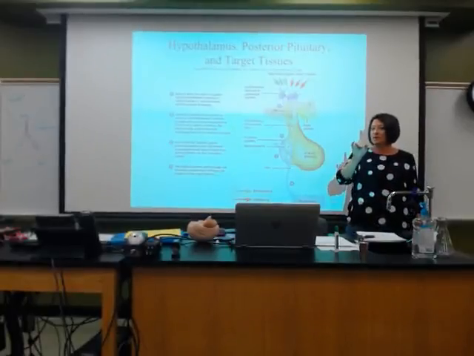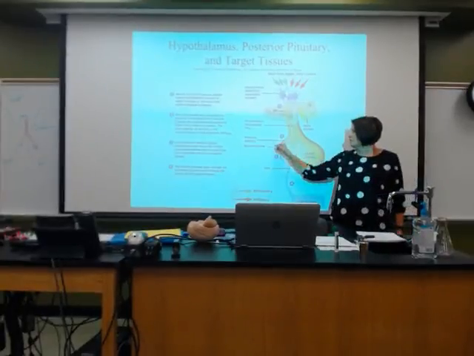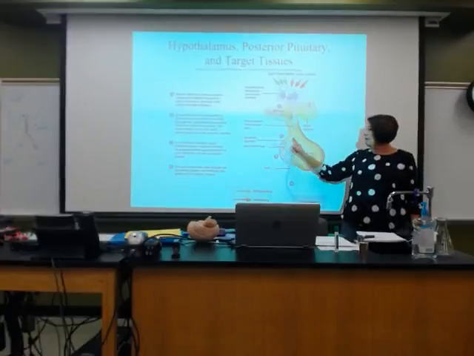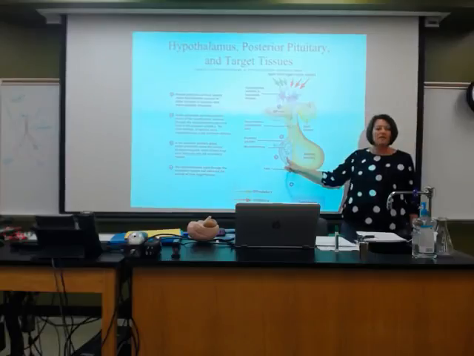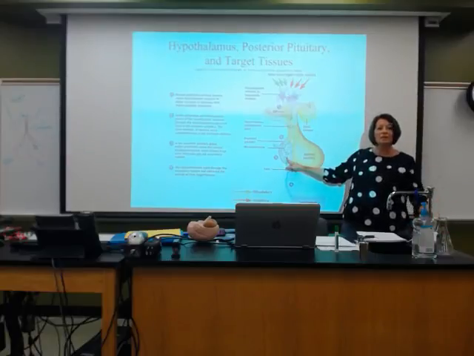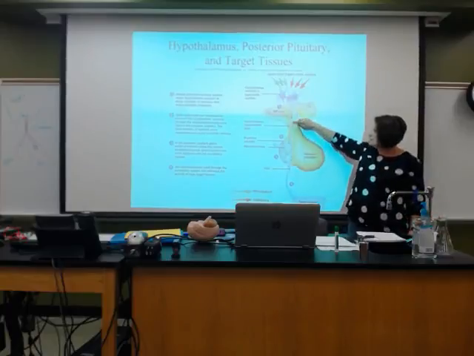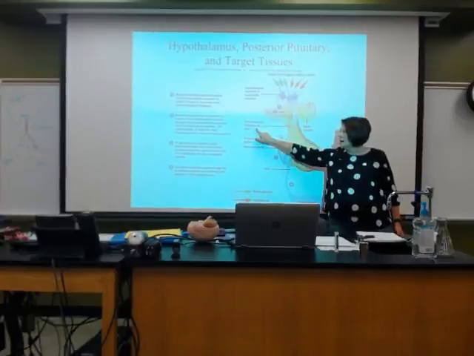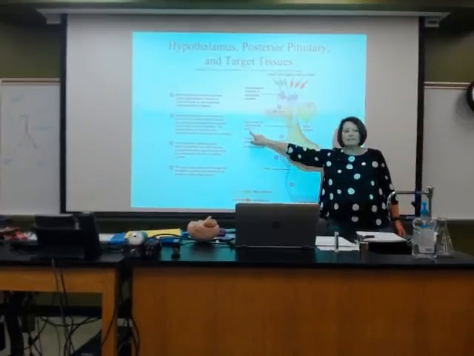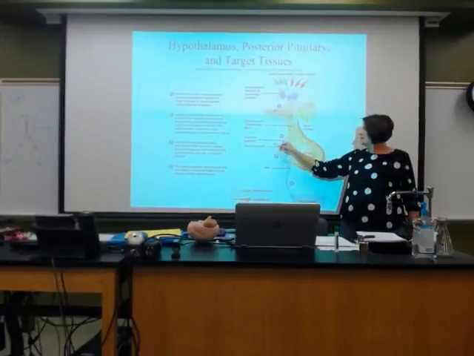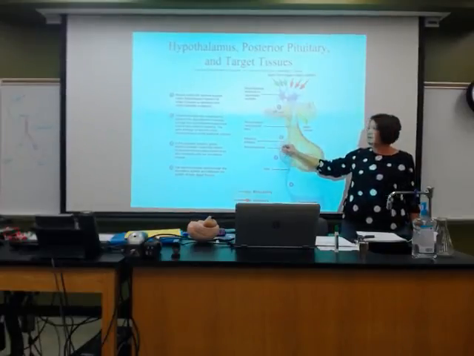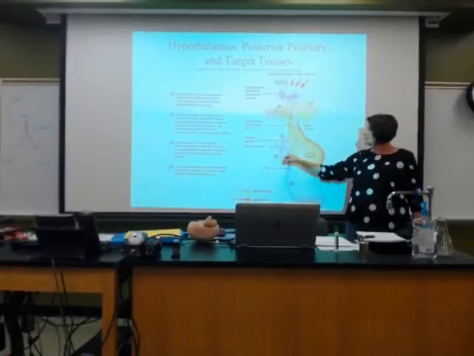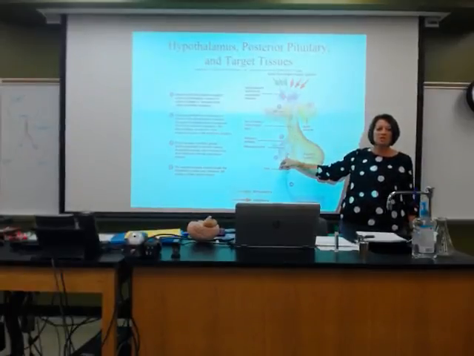Hypothalamus. But now remember, the posterior pituitary is an extension of the hypothalamus, therefore being the neural tissue. So what do we have here? We have our hypothalamo-hypophyseal tract, because these are the axons of the neurons going from the hypothalamus synapsing on the nervous tissue of the posterior pituitary.